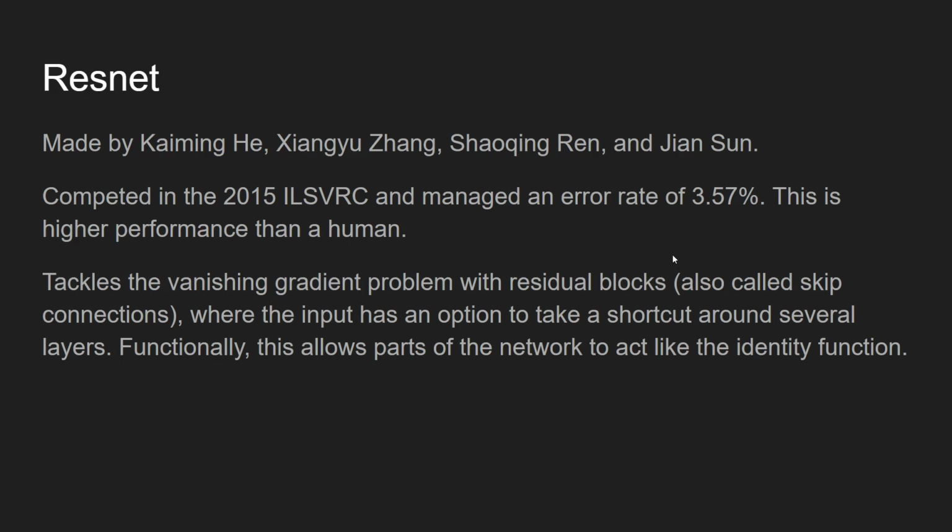And again, sometimes it's hard to explain these because they're so simple. It's almost best to show graphically, and I think I have a graphic in here later. Before we get to that, though, one thing to note is that the error of this ended up being 3.57% on ImageNet, which is actually higher performance than a human, which is interesting.